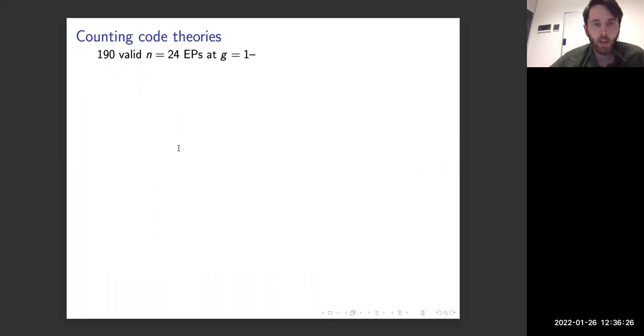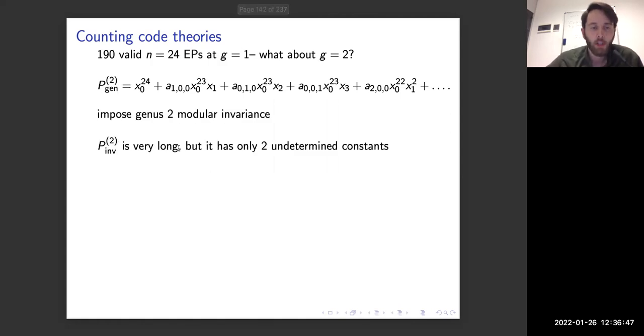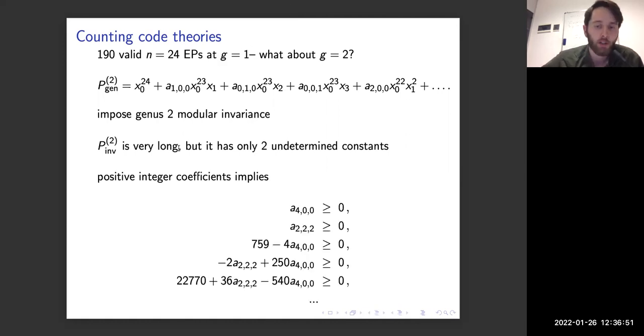So remember we had 190 enumerator polynomials at genus 1. What happens at genus 2? So first, again, we write down the most general polynomial. It's a homogeneous degree n polynomial of 4 variables. And we impose genus 2 modular invariance, which gives a very long invariant polynomial, but it actually only has 2 undetermined coefficients.